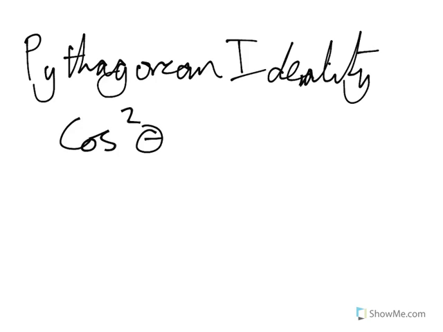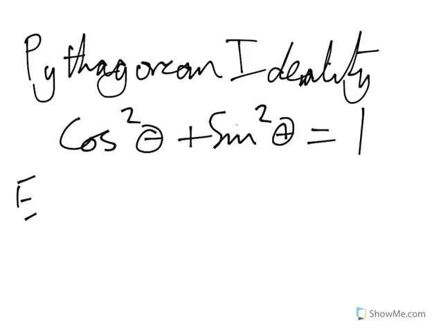Cos squared theta plus sine squared theta is equal to 1. And so that's the Pythagorean identity, and we can use that to solve some things. So, example.